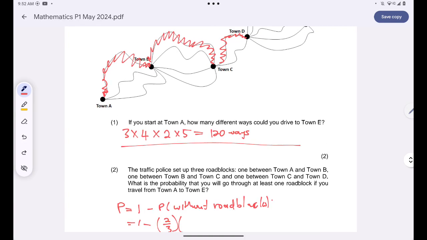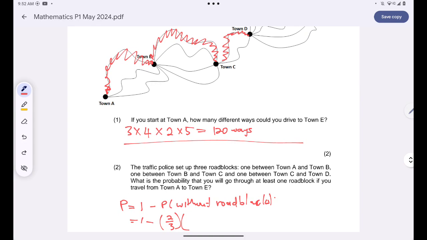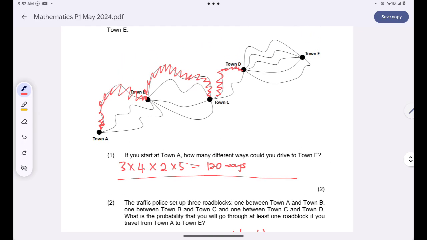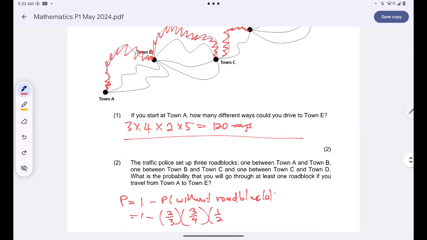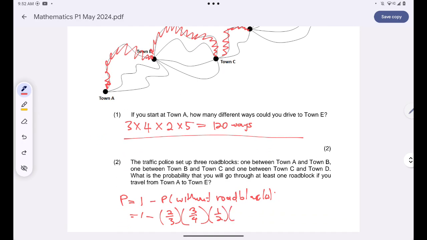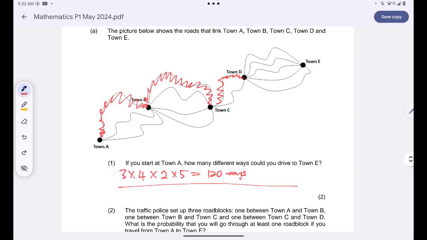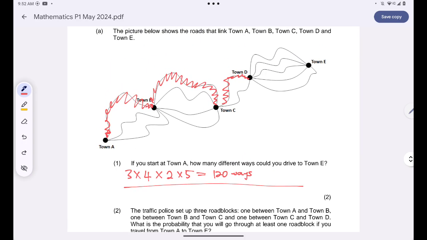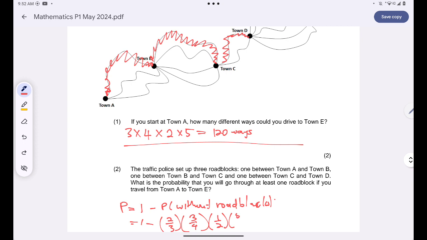And then between town B and C, I'll simply say 3 over 4. Between town C and D, it's simply 1 over 2. Are you together? And then whenever I reach town E, there are no roadblocks there, so the answer will be just 5 over 5.